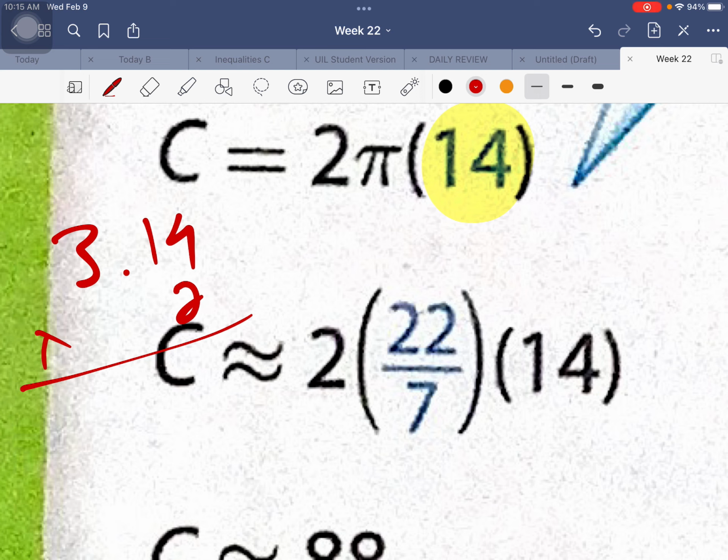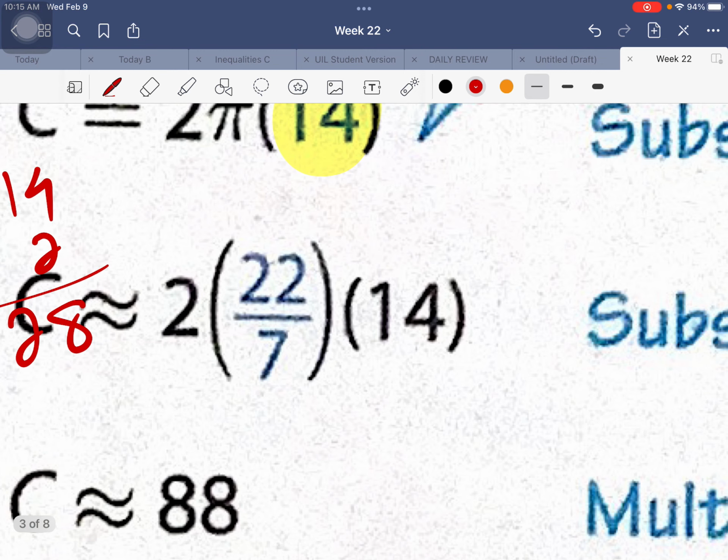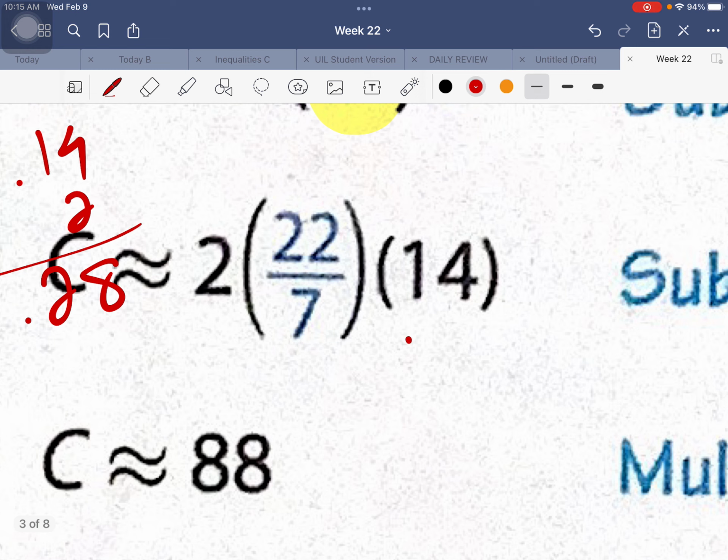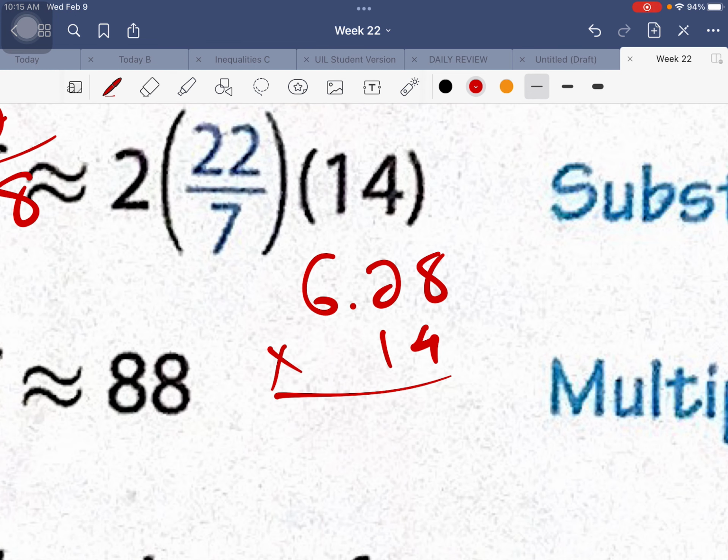Now, what's 4 times 2? 8. What's 3 times 2? 6. So it's 6.28 times 14. It's bad there's no Wi-Fi because you're going to have to do the multiplication. Now 6.28 times 14. Okay? Go ahead and do it.